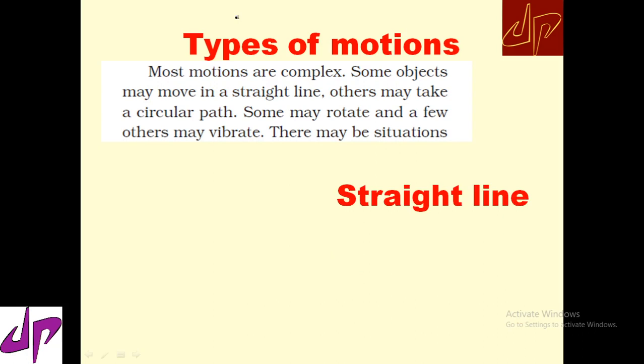Coming to the types of motion. Many types of motions are there, and some motions are very complex. Complex means very difficult to understand, to analyze and explain. But in class 9th we have very easy concepts. First, motion in a straight line.